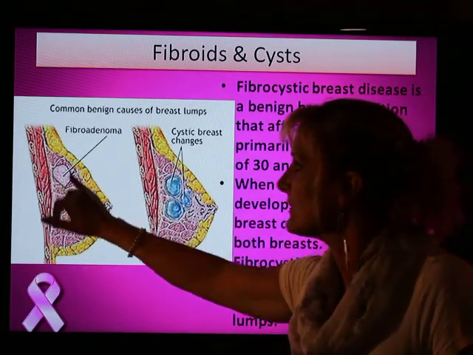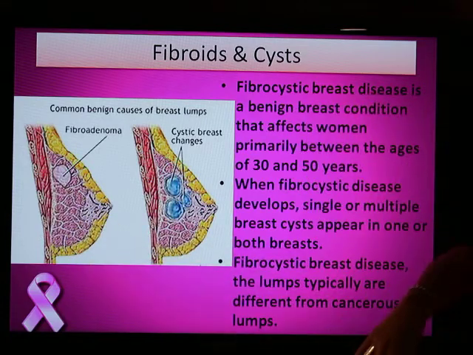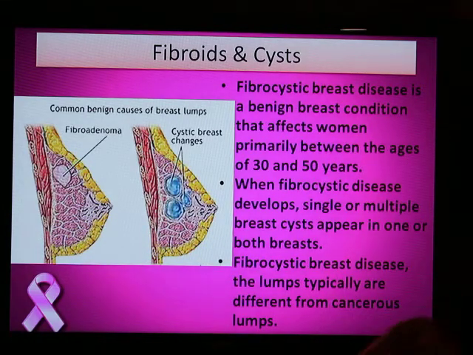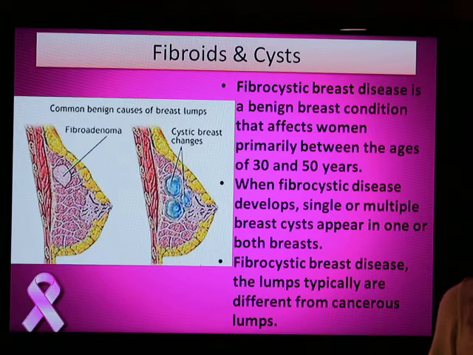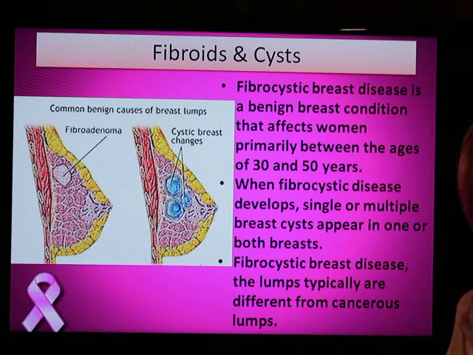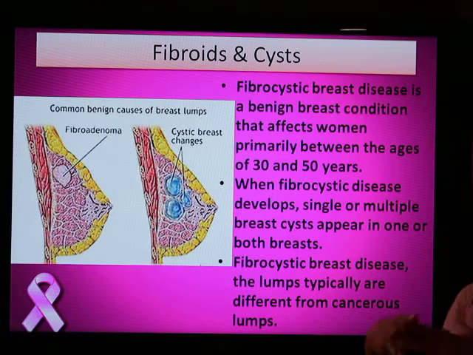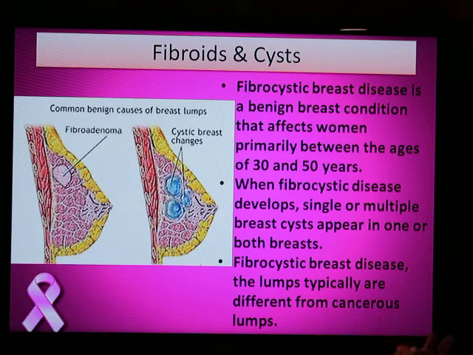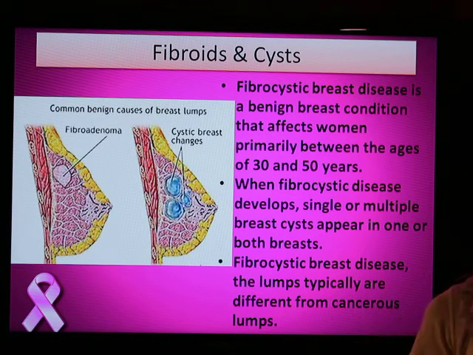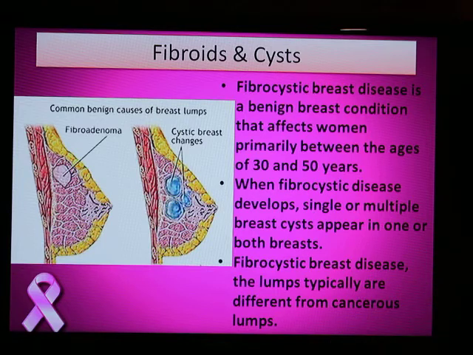That can occur in the breast as well. Usually it starts occurring between the ages of 30 and 50. It's not malignant. There is some controversy about whether it predisposes somebody to developing malignancies, but most studies say that fibroid tumors don't necessarily lead to malignant tumors.